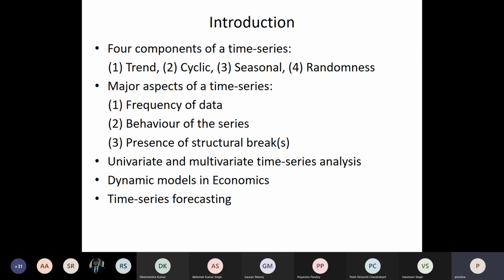Now let me get back to the specific areas where the use of time series data is very, very important. Say we would like to forecast growth of GDP in the next 10 years. Suppose I want to make an investment in a particular domain, and how my investment would be successful in respect of paying back the returns.